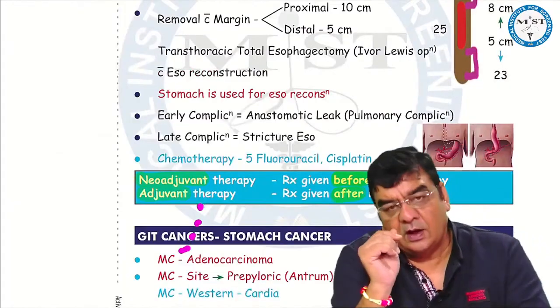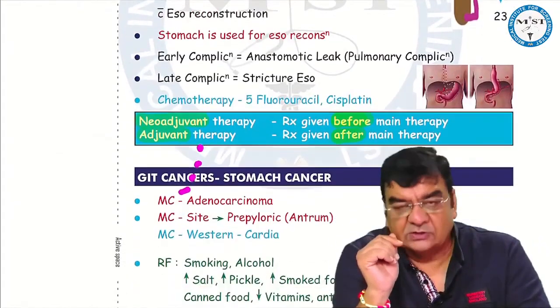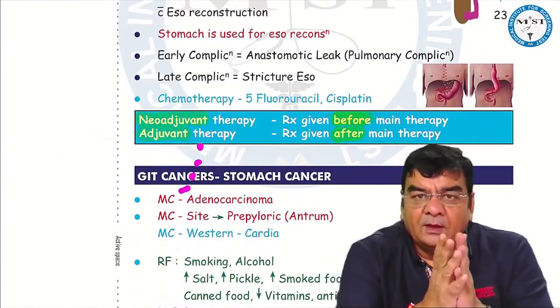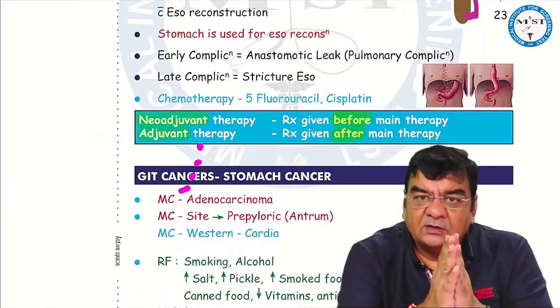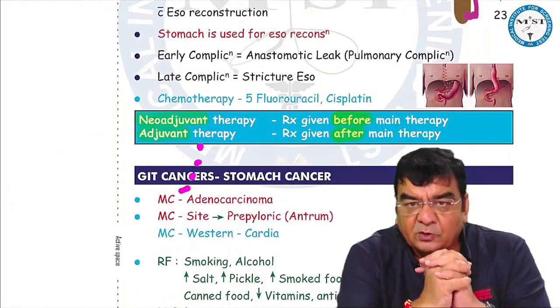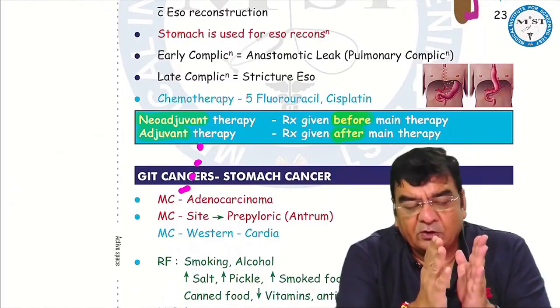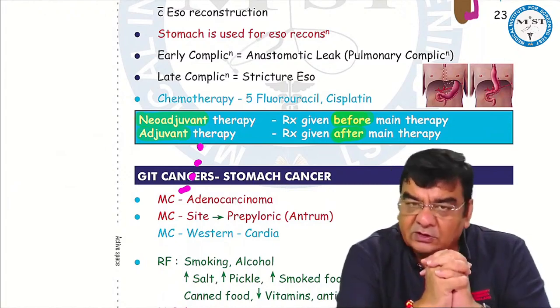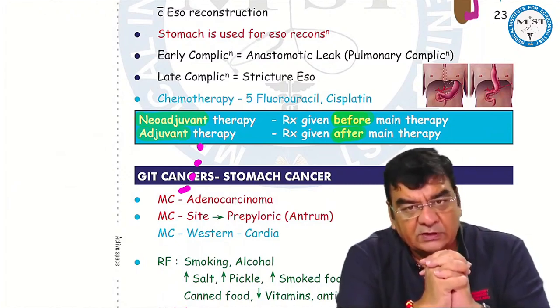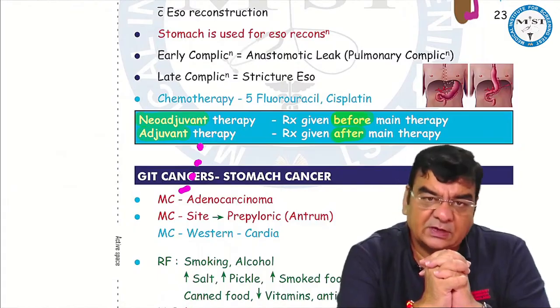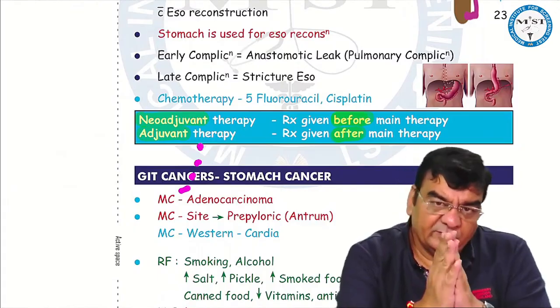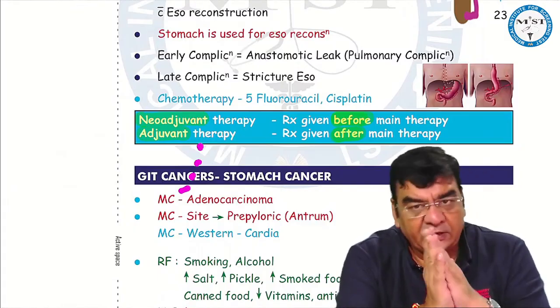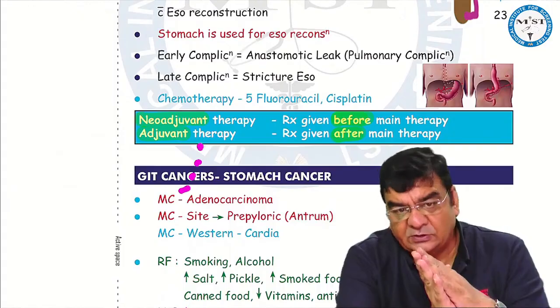Now, early complication of these surgeries would be anastomotic leak, which can lead to mediastinal and pulmonary complications. Late complication will be stricture at the anastomotic site. Chemotherapy which can be used in esophageal cancer: 5-FU and cisplatin. Any therapy given before the main therapy, neoadjuvant. Any therapy given after the main therapy, adjuvant.